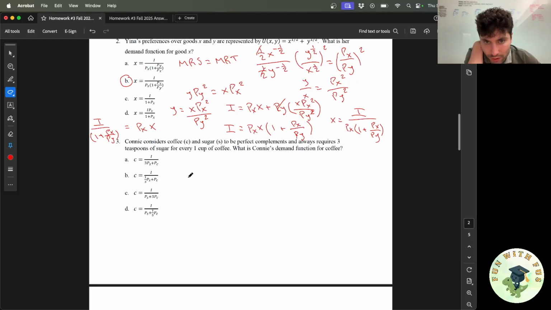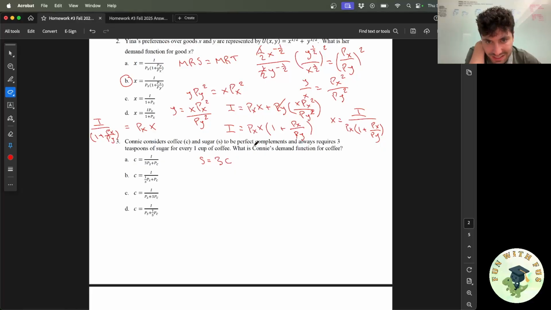This problem revolves around the central understanding of what complements are, and it took me a second to process it. But I'll start with this equation that S is equal to 3C. If you recall the little flip-flop method that we learned last time, whenever you see a coefficient in a perfect complement or a perfect substitute problem, you probably want to flippity-flop.